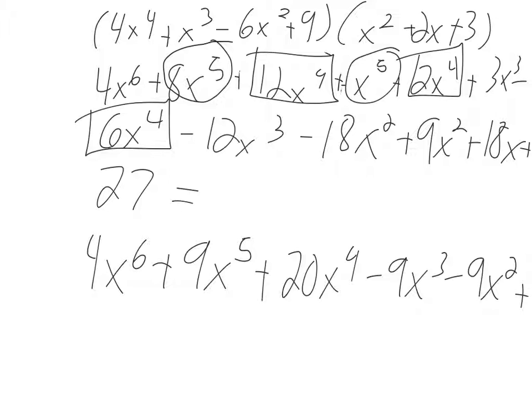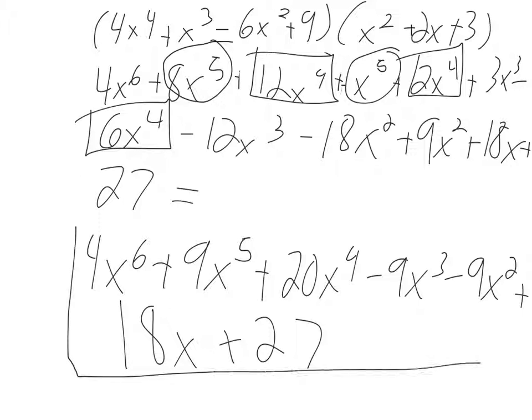And then we have plus 18x, because that would be the only one here with an x value left, just the one x value. And plus 27. And here is our finished product of an answer.